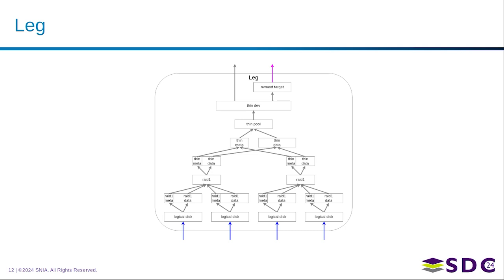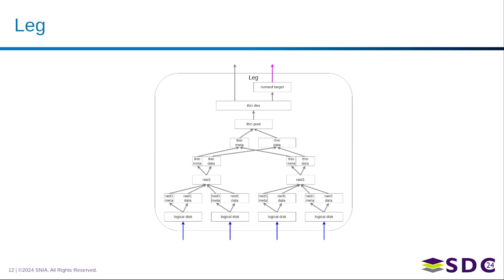And then we can create multiple RAID 1 devices, and then use the device mapper thin-provision module. For part of the RAID 1 devices, we use them as the thin-provision metadata disk, and others we use as data disks.